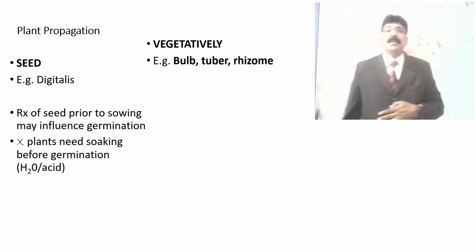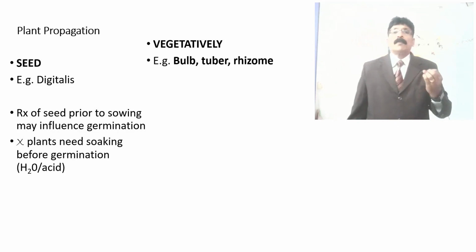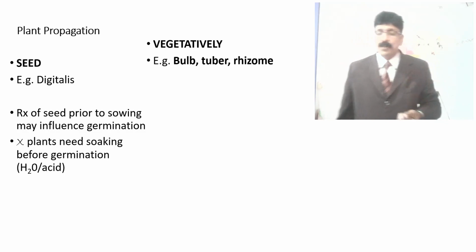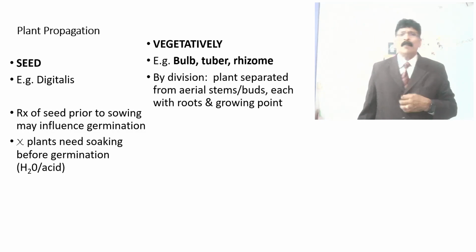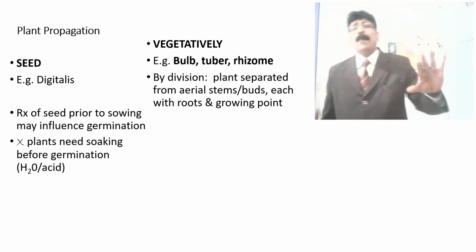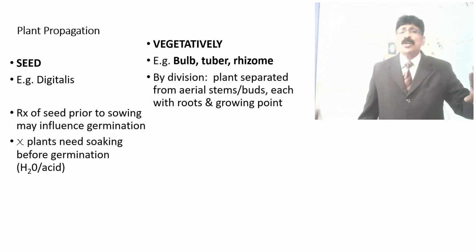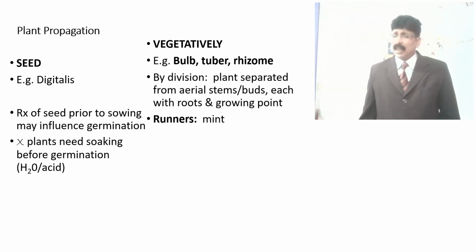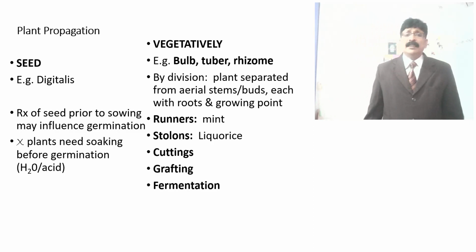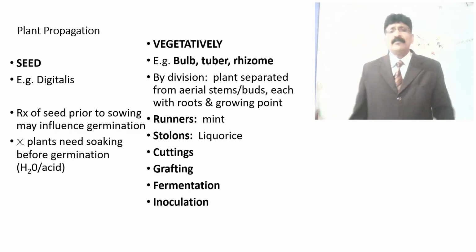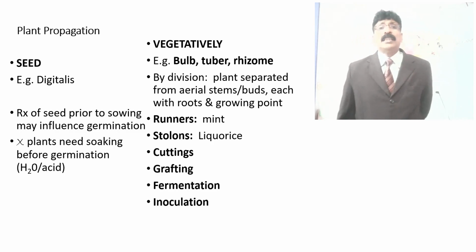Vegetatively, example, bulb, tubers, rhizomes. By division, plants separate from aerial parts, buds such as roots, growing points. Runners, example, mint. Stolons, example, licorice. Cuttings can also be done, grafting, fermentation. Inoculation can also be done vegetatively.